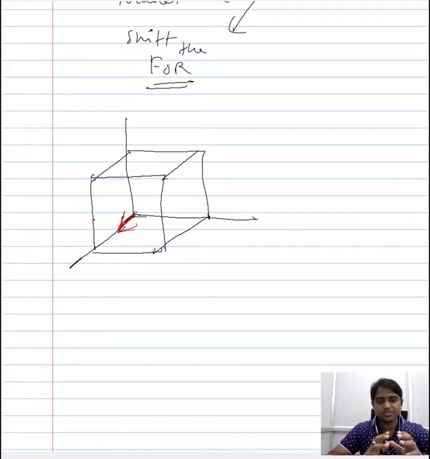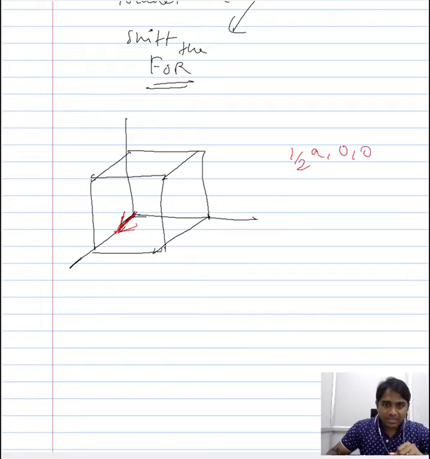Now it is possible for you to consider the projection it makes with this axis, and it does not make any projection here, and it does not make the projection here. Then you would say it would be 1 by 2a, 0, 0. Similarly, if the direction is within the unit cell, you can make projections for all the different principal axes, that is x, y and z.